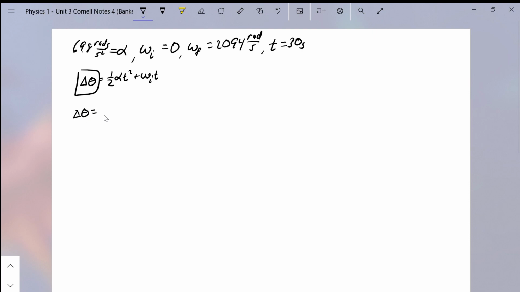So delta theta is equal to 1/2 times alpha, which we found to be 69.8 radians per second squared. Our time was 30 seconds, square that, plus our initial velocity, which is 0 times time.